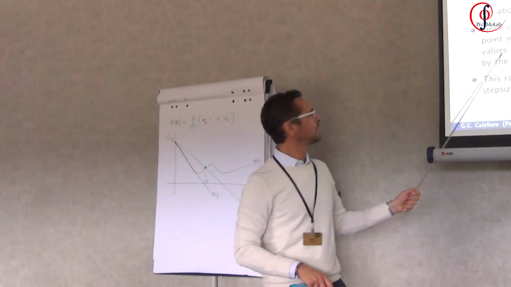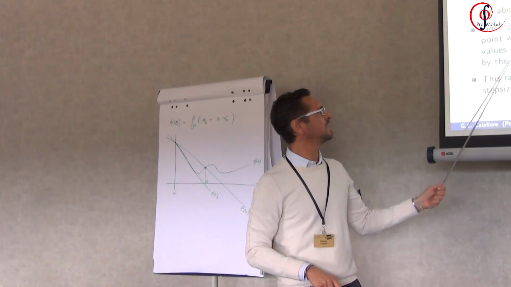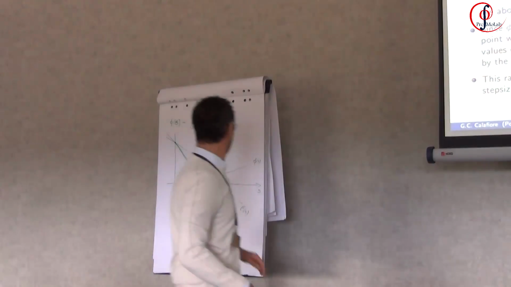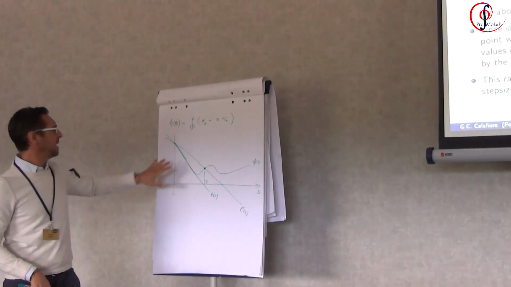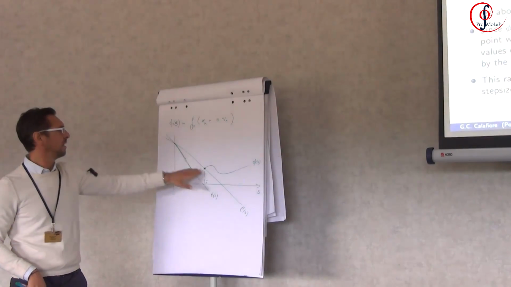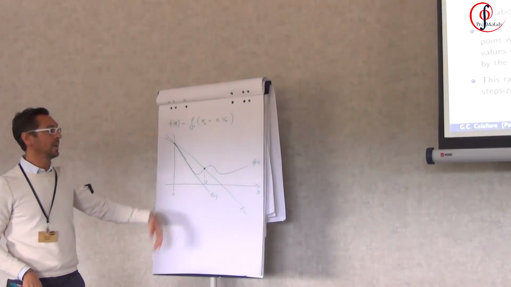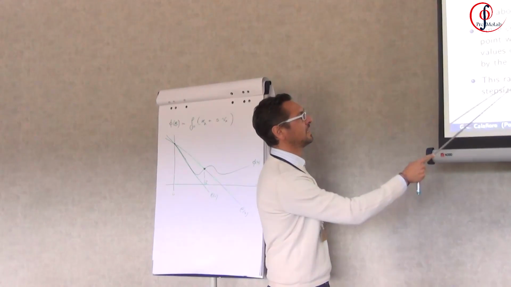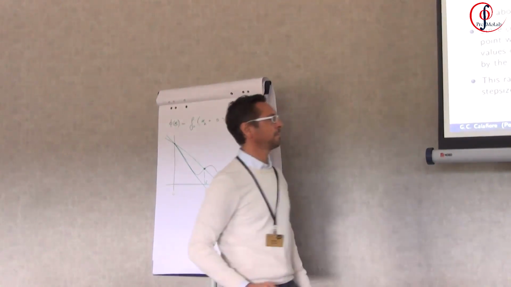So for sure, for all values of s for which phi of s is smaller than L bar of s, they provide a sufficient rate of decrease of phi. And this rate of decrease is given by the slope alpha delta k of L bar.